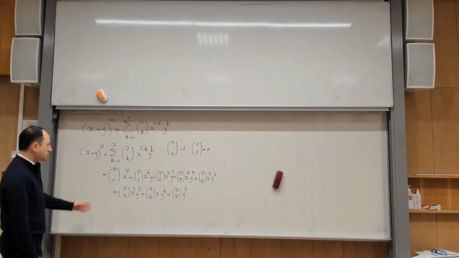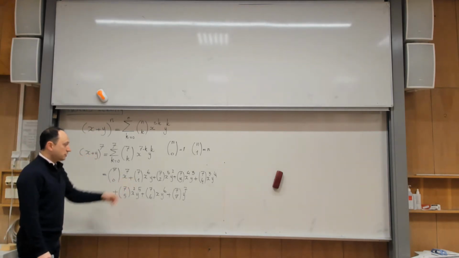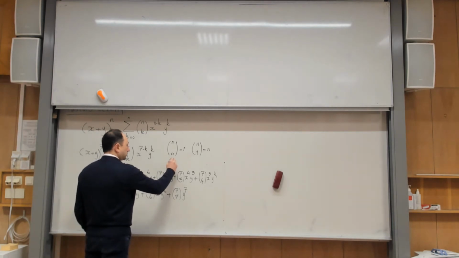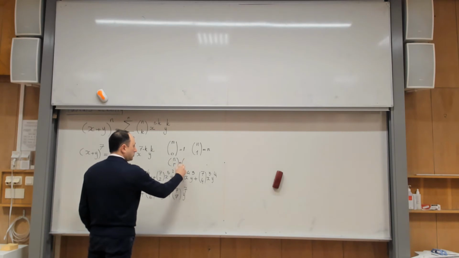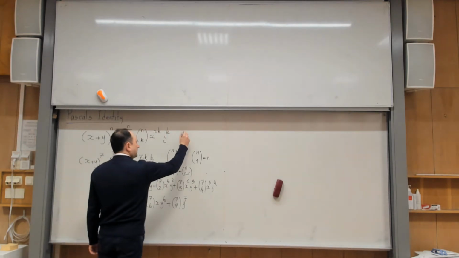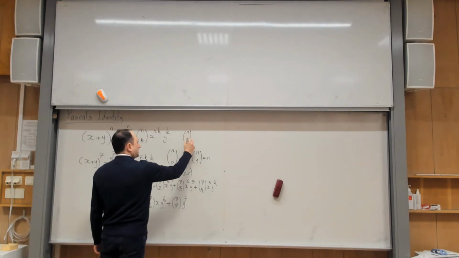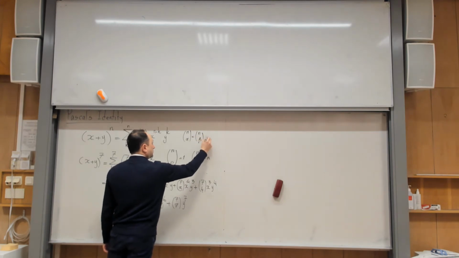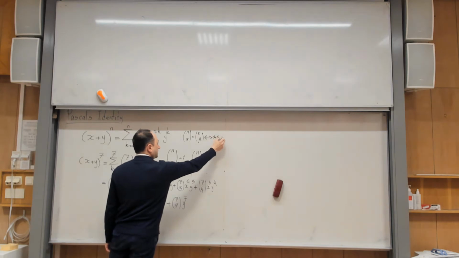But the good point is that these coefficients are symmetric because of a rule that we know already: n choose r is always equal to n choose n minus r. In other words, if I have n choose alpha equal to n choose beta, of course you can prove that this is if and only if alpha plus beta is equal to n.